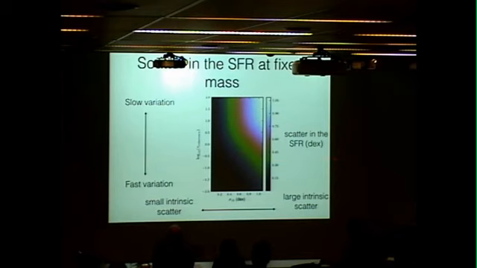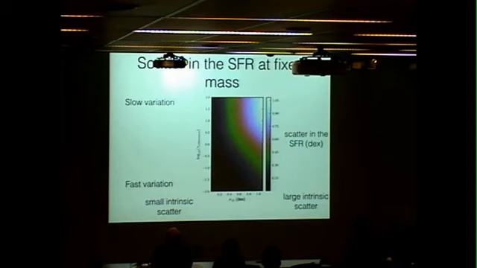And you can see that as you increase the intrinsic scatter and as you increase this ratio of timescales, you get a larger scatter in the star formation rate. You can compare this to the currently observed scatter in the star formation rate, and that immediately rules out a big part of this parameter space. You see that you need to be sort of in the lower left here.